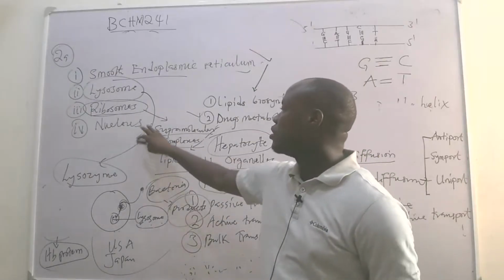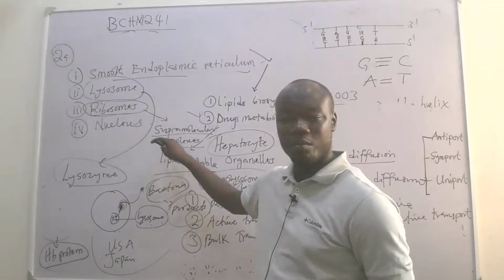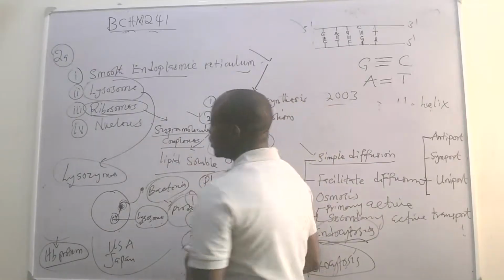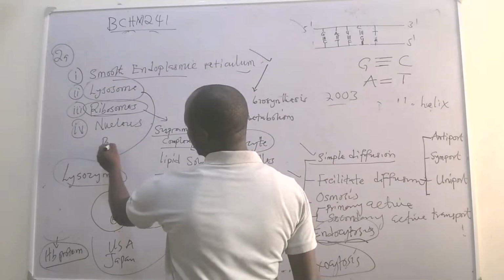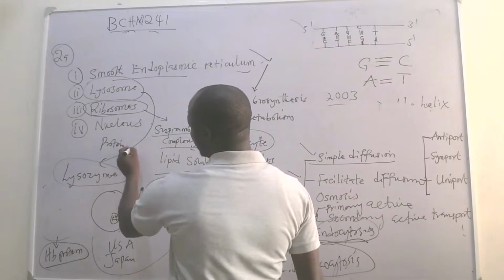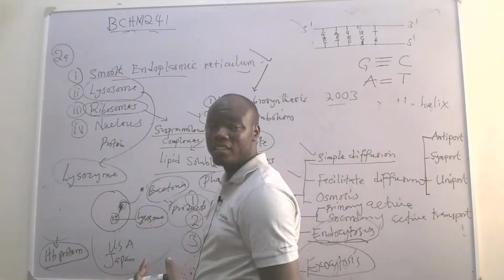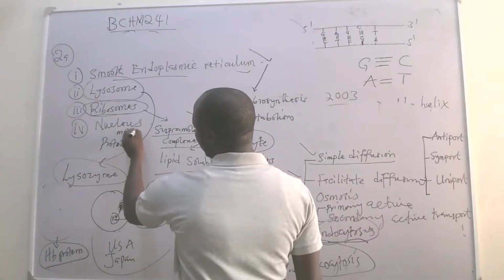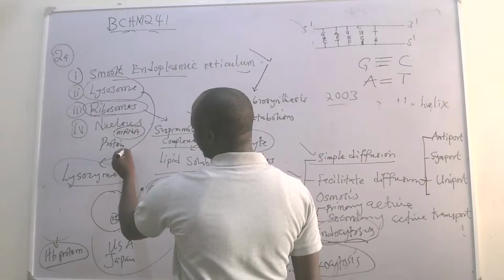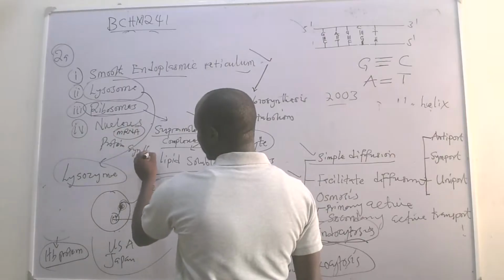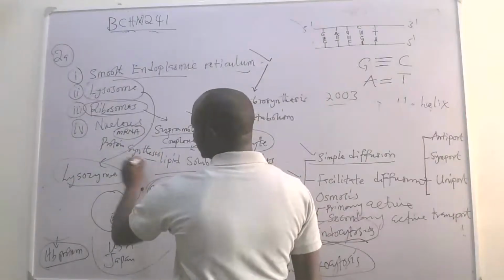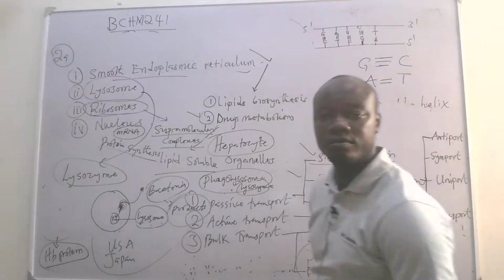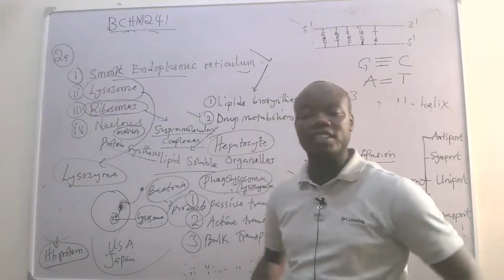So ribosomes are found in the cytoplasm, and the major function of the ribosomes is protein synthesis. It uses messenger RNA, mRNA, as a template for protein synthesis. So this is the major function of ribosome. So it is involved in protein synthesis.